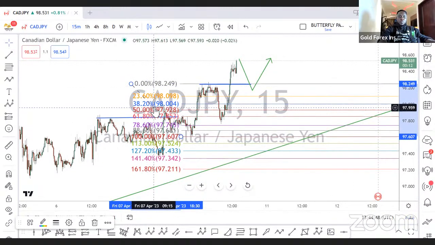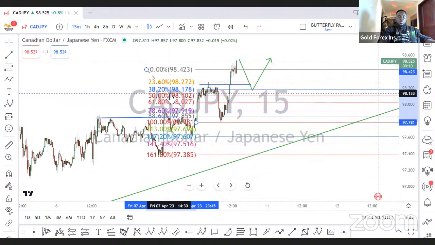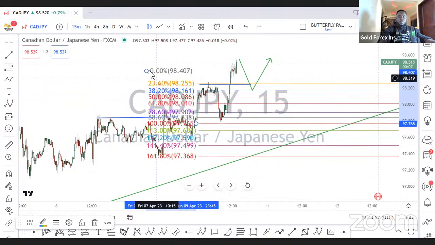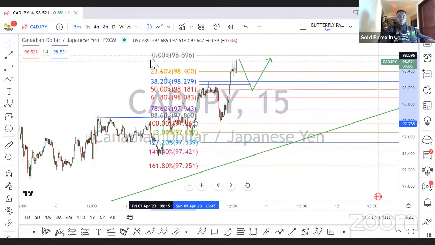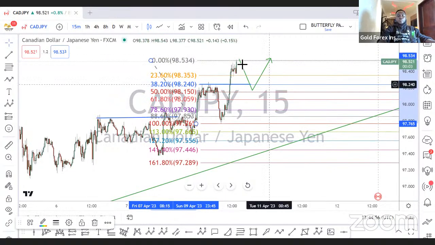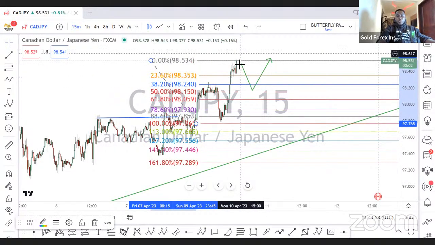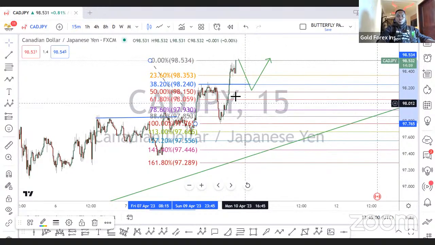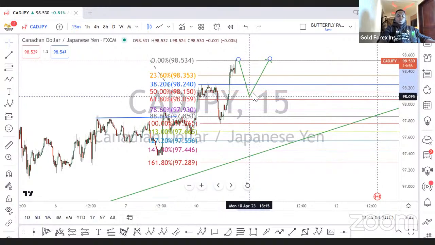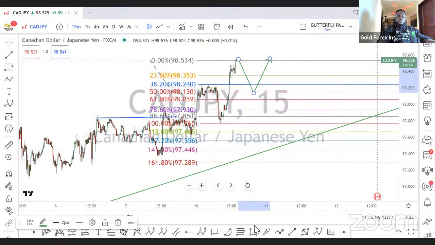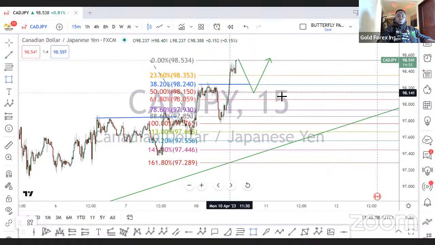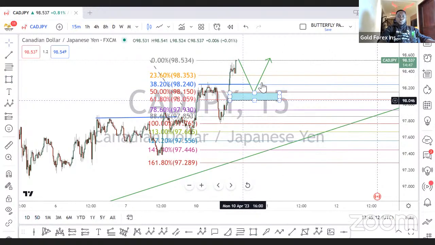So if it doesn't continue and it drops, then you want to target between the 50 to 61.8 zone, this zone. And you might want to look for a buying opportunity to the top.